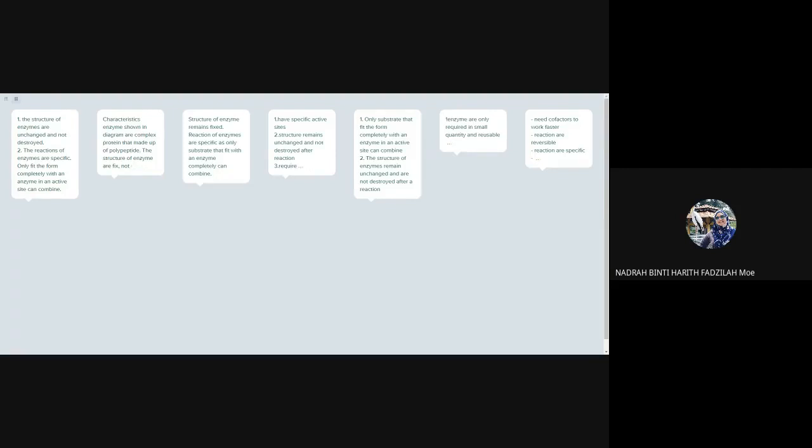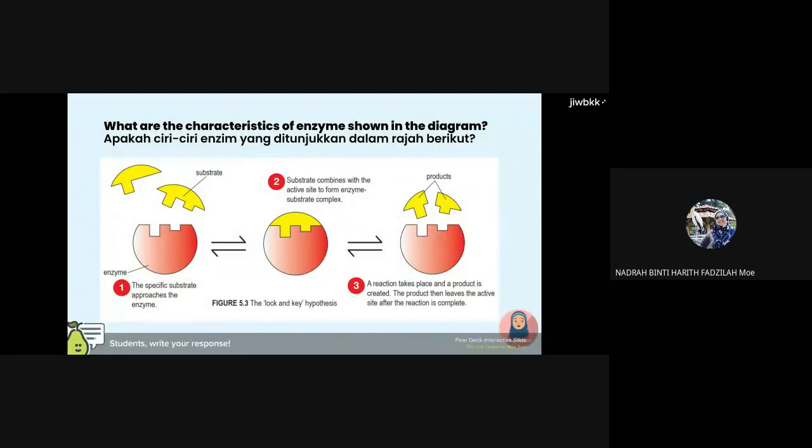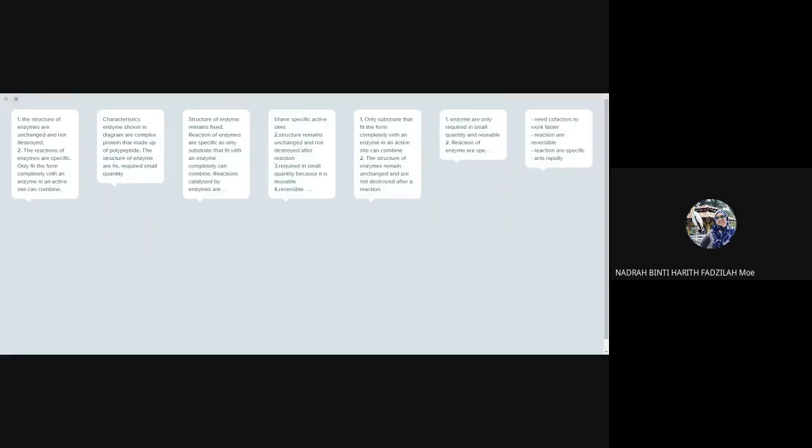Ada satu lagi pada gambar ni anak-anak. Cuba tengok arrow ni. Okay, arrow ni juga memberikan satu lagi characteristic of enzyme. Can you think of what characteristic of enzyme shown by the arrow? Reversible. Yes, reversible. So boleh tulis juga kat situ.